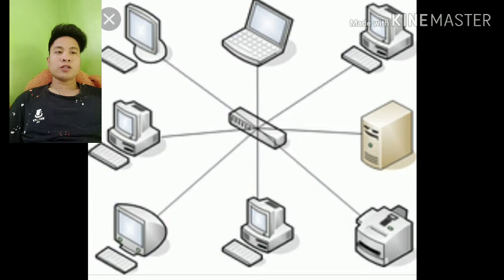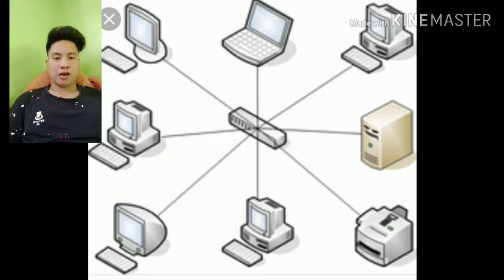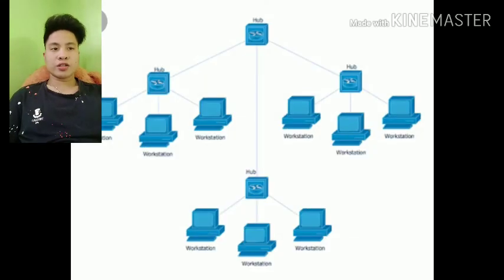The star topology is easy to install, very scalable, easy to add and remove end devices, and easy to troubleshoot. Second is extended star. In an extended star topology, additional Ethernet switches interconnect other star topologies. An extended star is an example of a hybrid topology.